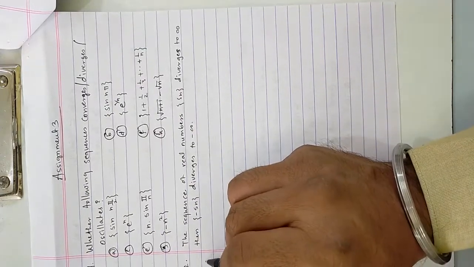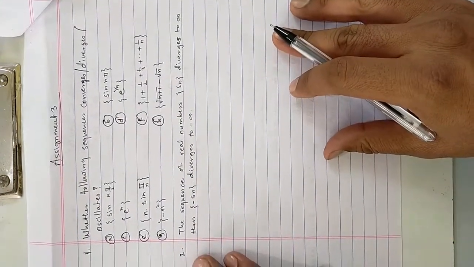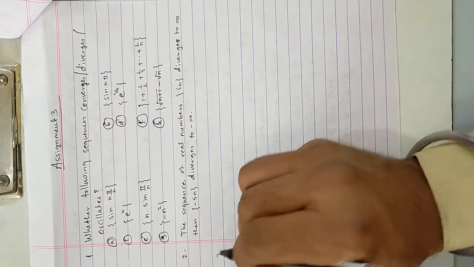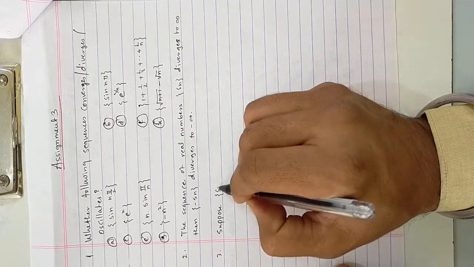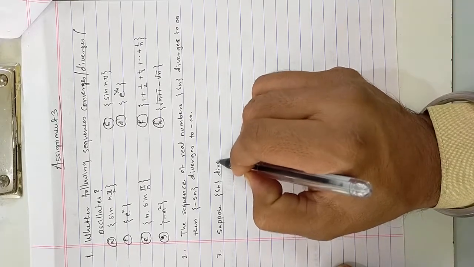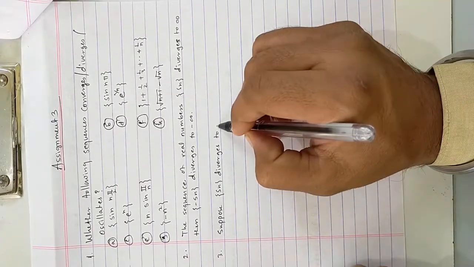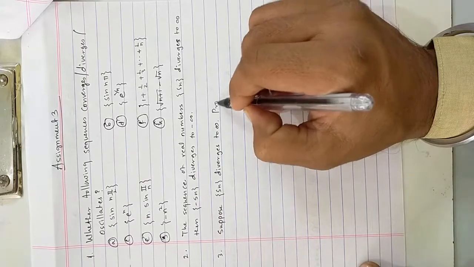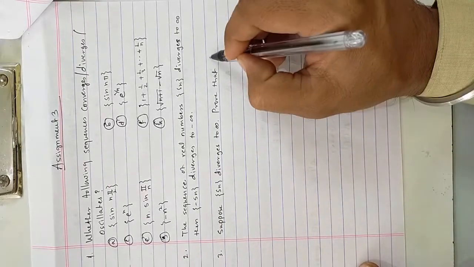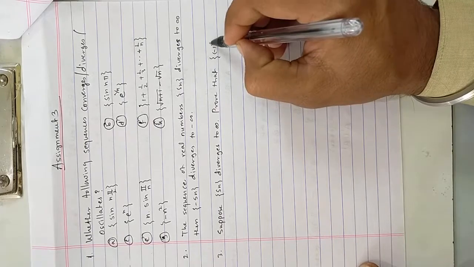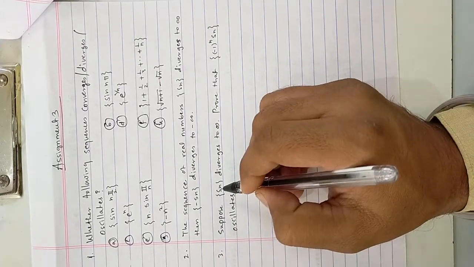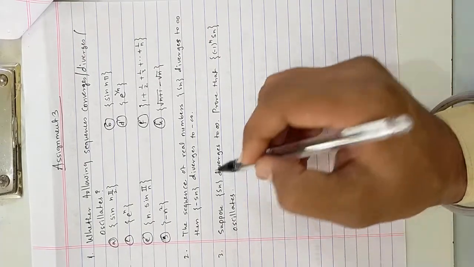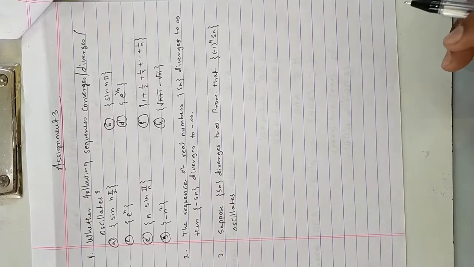The next question is, suppose the sequence Sn diverges to infinity, prove that the sequence minus 1 raised to n into Sn oscillates. Okay, this much is sufficient for the assignment.